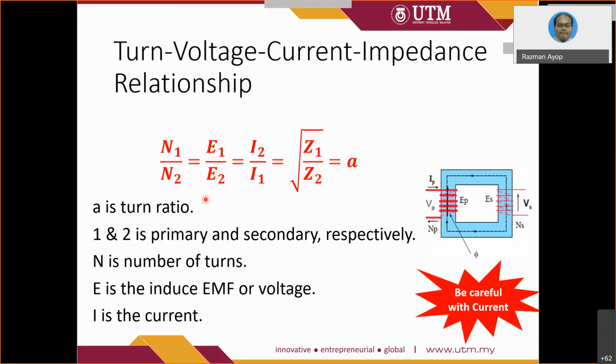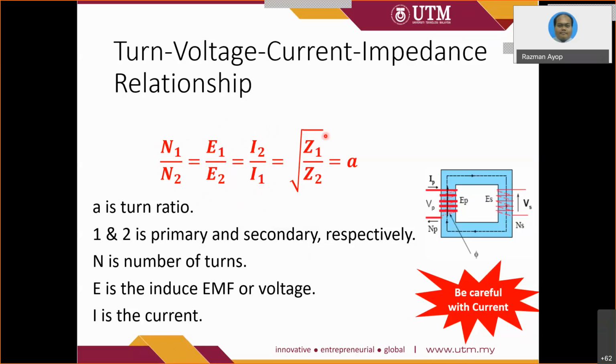So basically it follows. But for current, you have to be careful. For current, you have to flip it. You can see here, 1, 1, and then suddenly it is flipped.